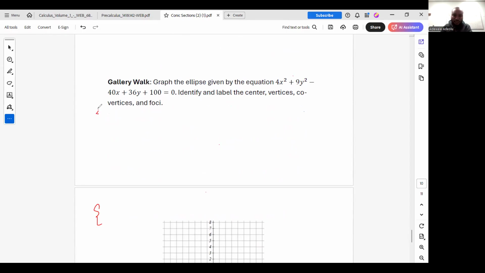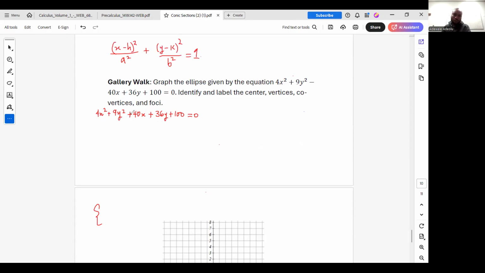This: 4x squared plus 9y squared plus 40x plus 36y plus 100 equals 0. Now, this is a case where we do not have it in standard form. Remember, our standard form is x minus h all squared over a squared plus y minus k all squared over b squared equals 1.